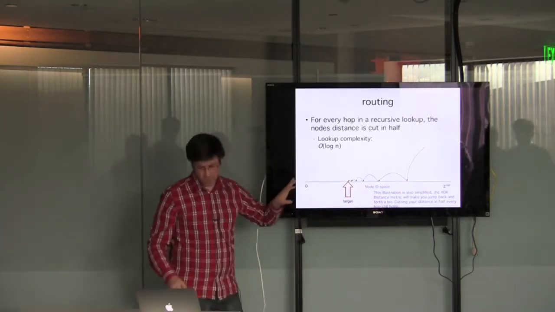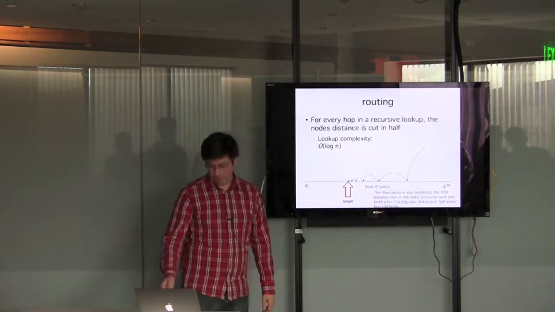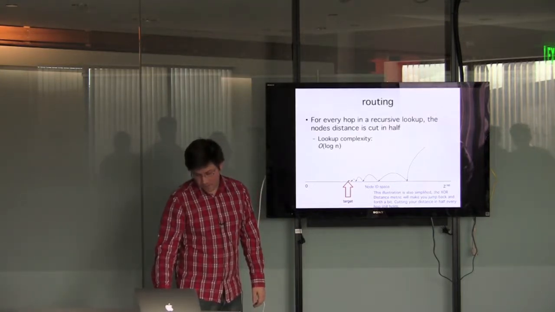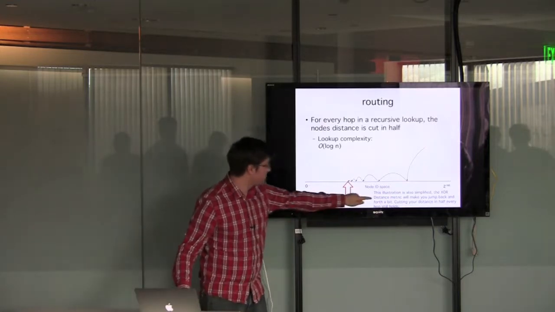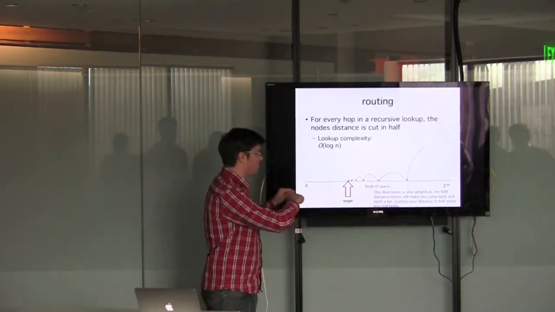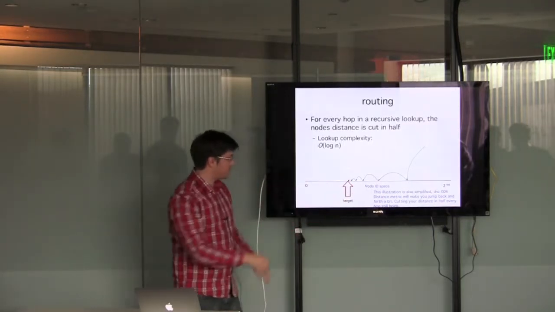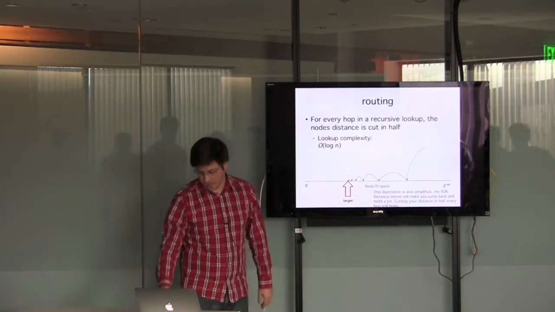So the complexity for this lookup is log n. And as I pointed out, the fine print, this is simplified. This would be the case if you had a Euclidean distance, but let's just say that it's distance with some notional distance.